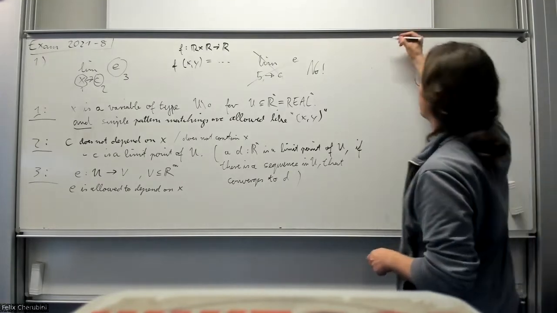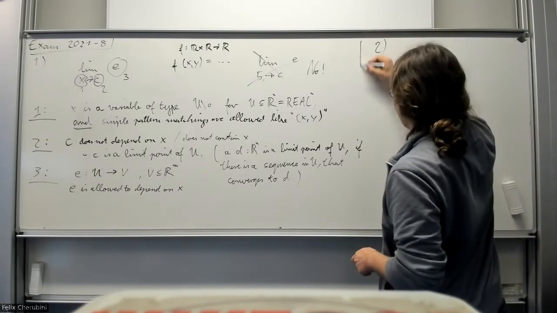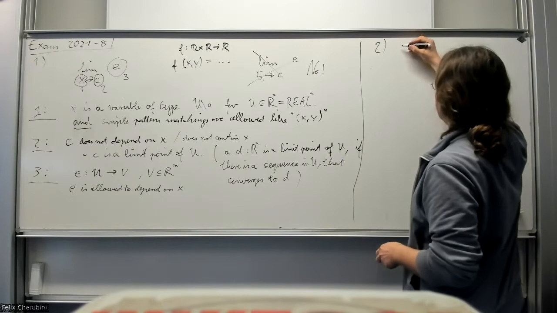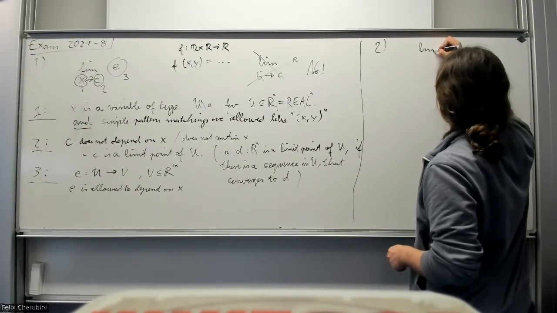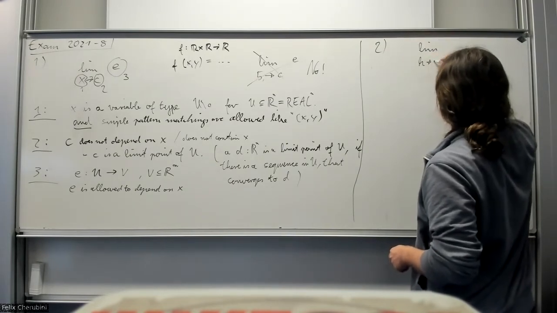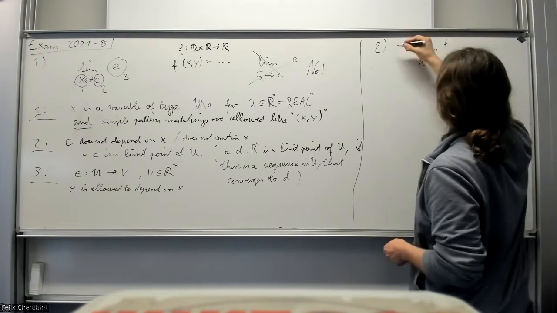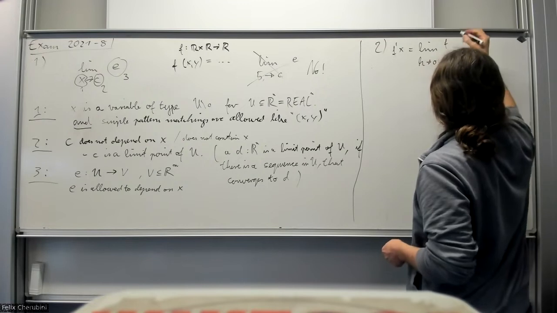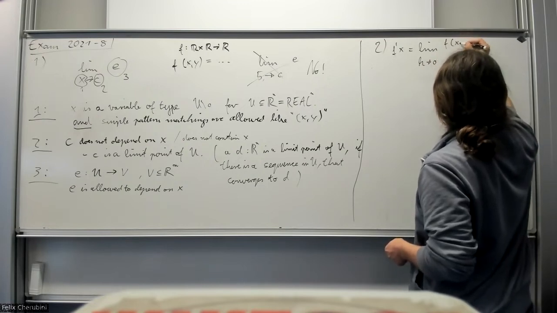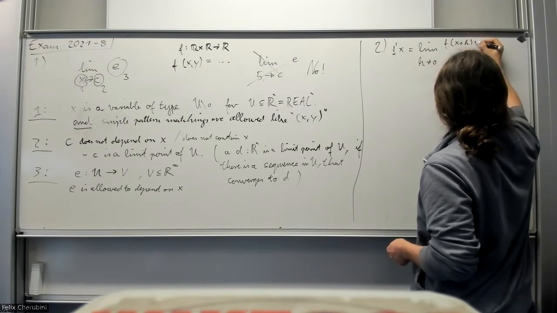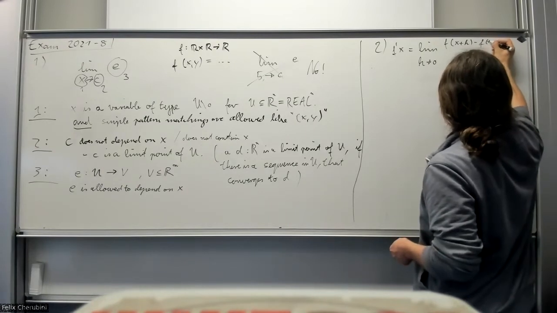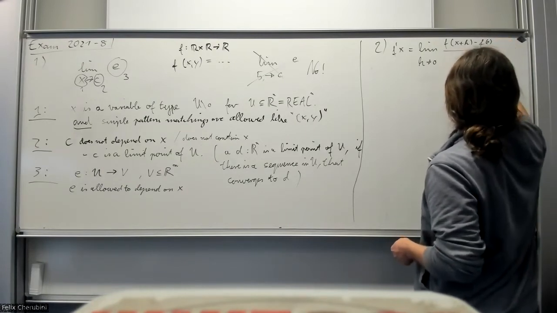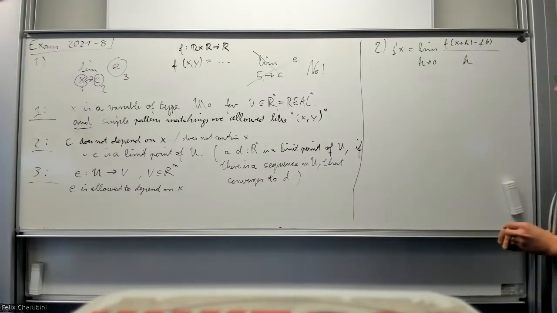Okay, so part 2 is we look at the expression that defines the derivative of a function at some point. So we have f of x plus h minus f of x divided by h.